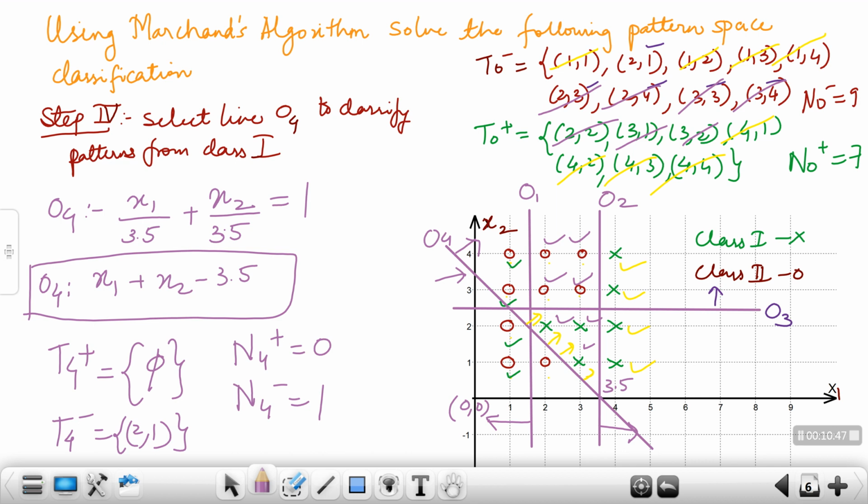So because any one of the sets is empty, we have to stop the algorithm, and we can see that all these points are classified into the respective class regions. So now here comes the step of drawing the network. We need to draw the network, and we have to check what are the weights assigned.